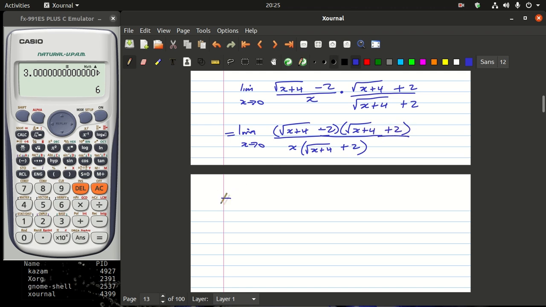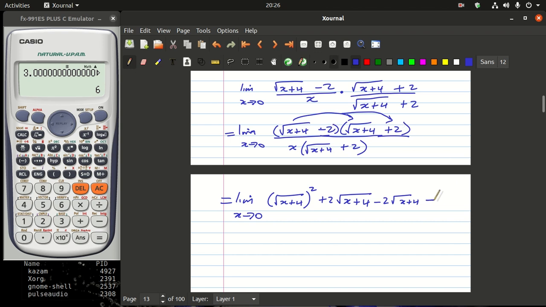And then I need to simplify now and say the limit as x approaches 0, and then I'm going to multiply this with that, and then I will end up with the square root of x plus 4 squared. I'm going to multiply this with that. I will end up having plus 2 times the square root of x plus 4, and then I'm going to multiply this minus 2 with that, so I'll have minus 2 square root of x plus a 4, and then I'm going to multiply minus 2 and 2.